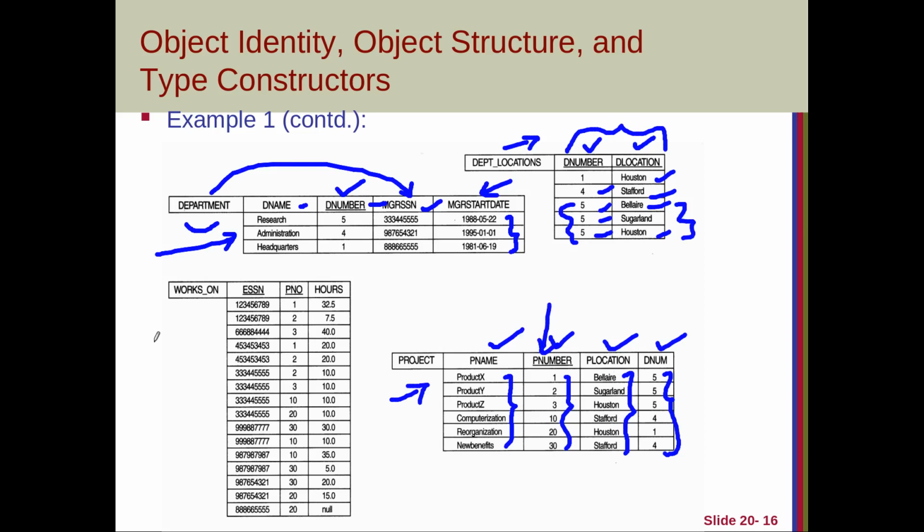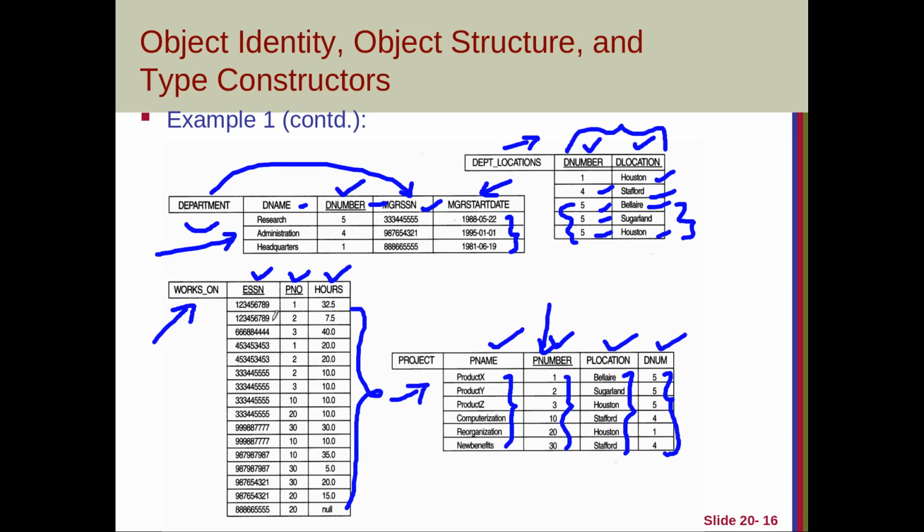Now you can see one more relation. We have taken only some sample relations. Works on represents the details of the different employees who are working on different projects, and the number of hours each employee is working on them. It consists of the employee social security number, the project number, and the number of hours. The first employee is working on project number 1 for 32.5 hours.